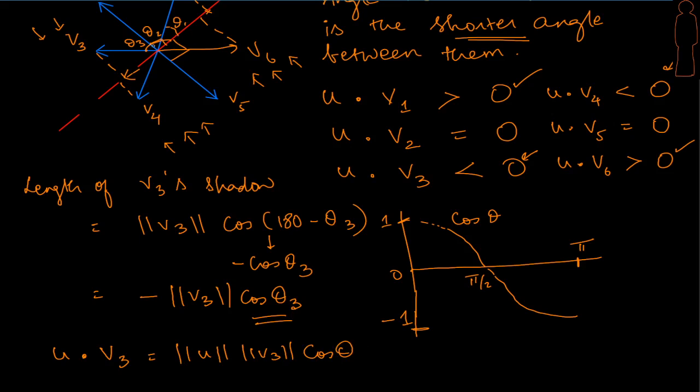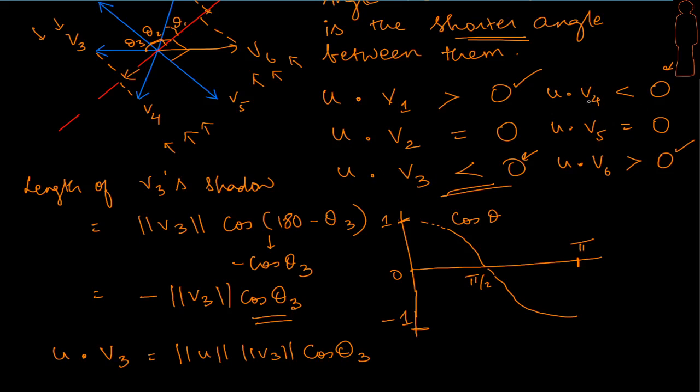The angle is theta 3. And therefore, I have to write here cos of theta 3. And what did we just figure out? Any theta that goes beyond 90, we see that cos is going to drop below 0. And what does that tell us? That the dot product of u and v3 is going to be negative. This is the way that I was able to derive and say that the dot product of vector v3 and u is going to be negative.